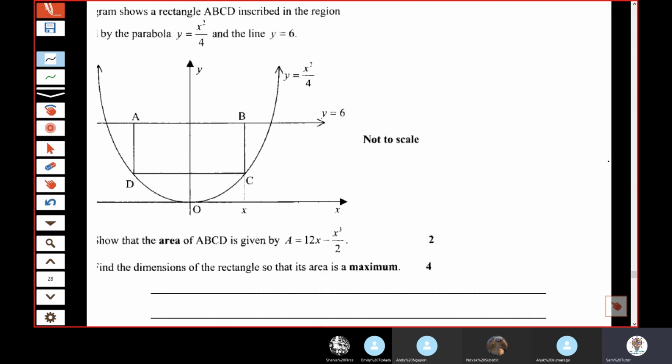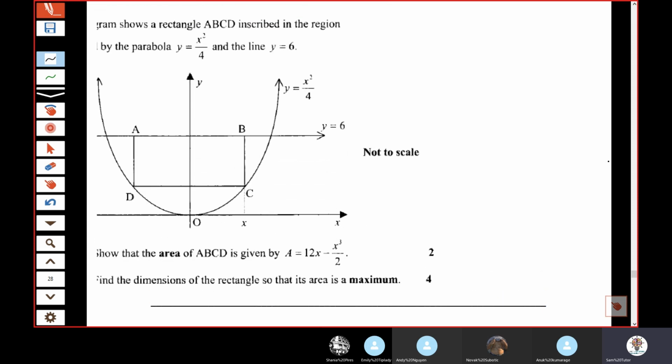Have a read. Show that the area of ABCD is that. Okay.